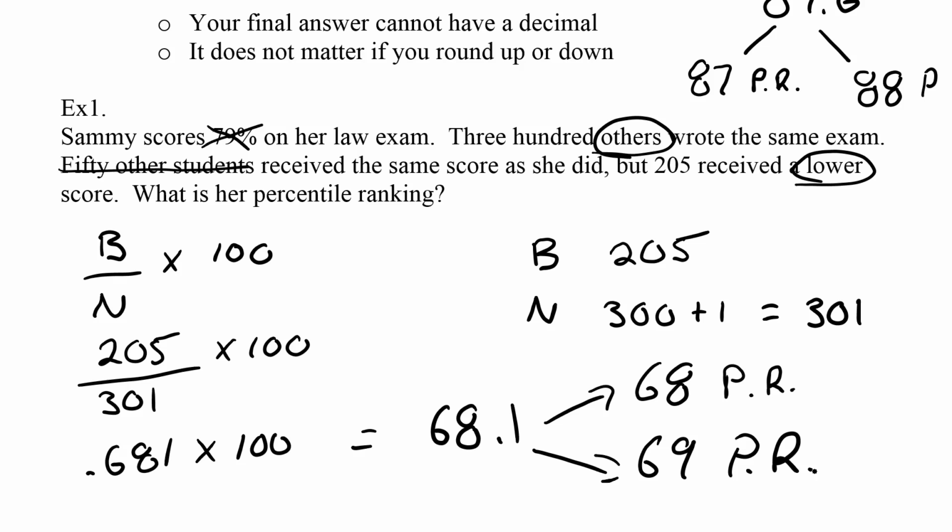So percentile rank, we're just looking for 2 numbers, dividing them times 100. Watch the wording of the questions. These questions will either try to confuse you by giving extra information or by presenting the information in a different way. So if we go to our notebook, we can do questions 1, 2, 3, and 4.